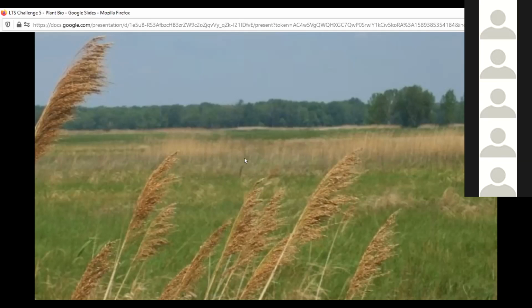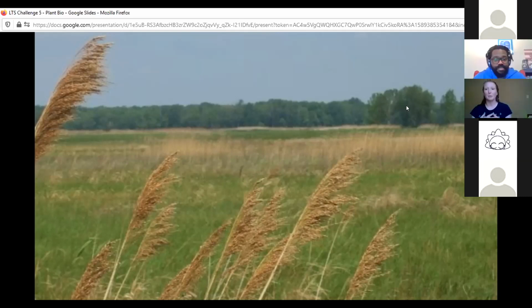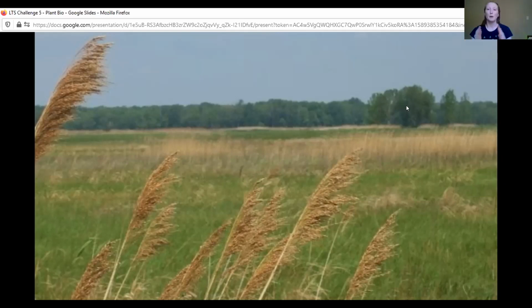So all of that kind of brown stuff at the back there, that's all Phragmites, and it's starting to actually cover the entire field. Now, the problem with this is that when you have just one species that covers an entire field, it means that there's no other diversity at that site.